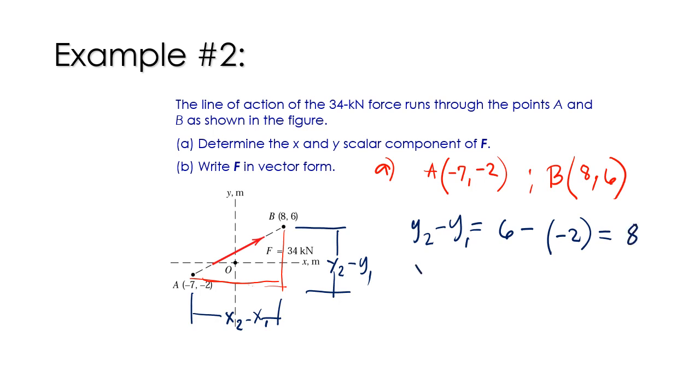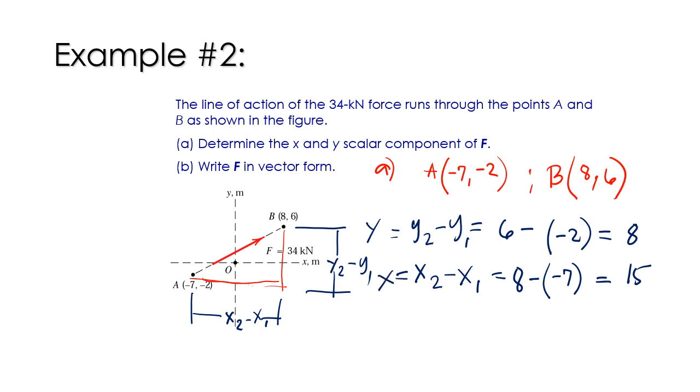Then for x2 minus x1, we have x2, 8, minus -7, so that is equivalent to 15. Now, to determine the x and y scalar components of F, let y2 minus y1 equal y. Then x2 minus x1 equals x.